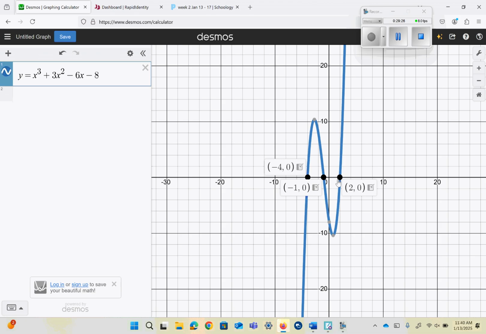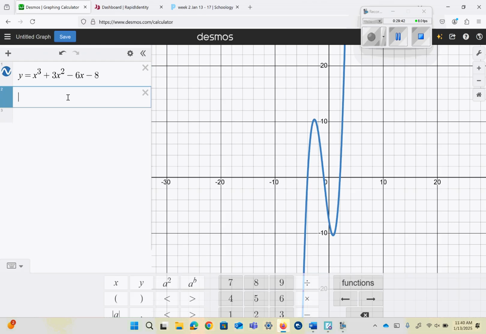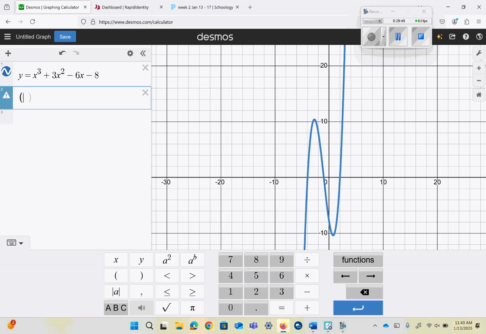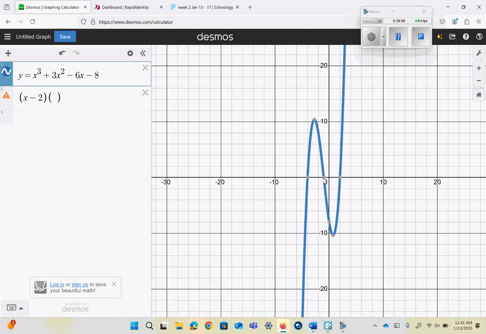All right, those are my two solutions. So -4 goes with the binomial x plus 4. Agree? -1 goes with the binomial x plus 1. +2 goes with the binomial x minus 2. So this factored out would be x minus 2, forgot what they were, so x plus 4, x plus 1.